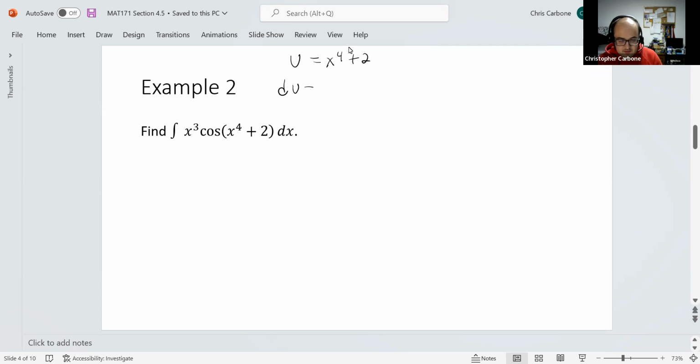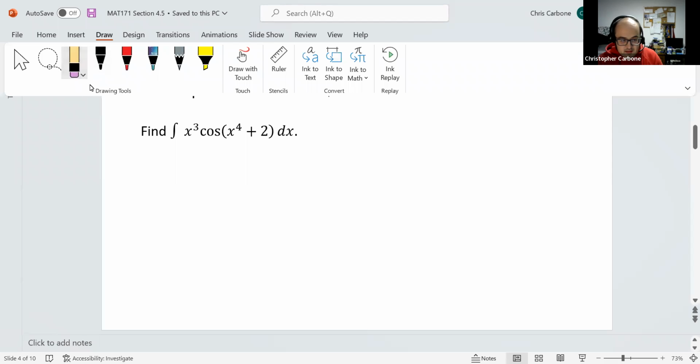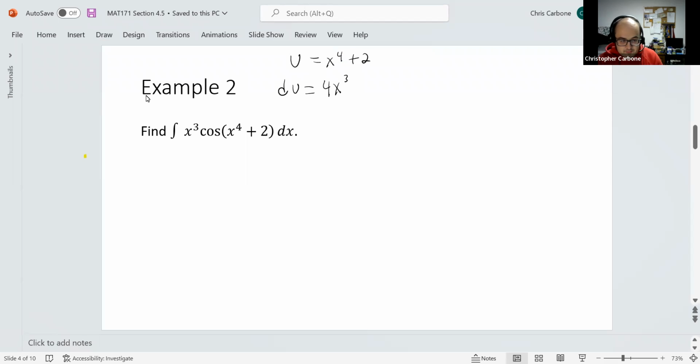So now when we take the differential du, this would be 4x cubed, but we can see that the only thing that we have here is the x cubed dx. And there's a dx here at the end. We only have the x cubed and the dx, no 4, right?